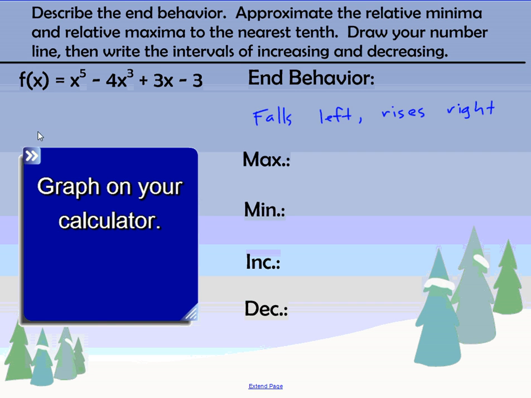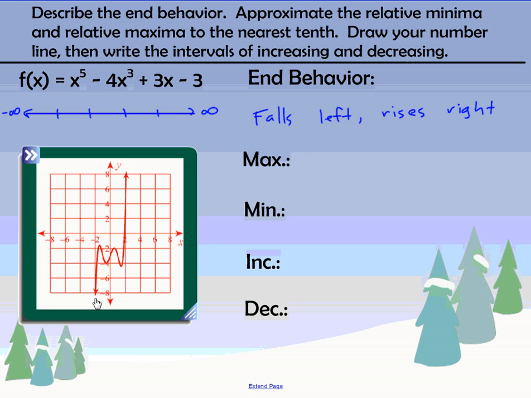Then you put in your number line. So this was negative infinity and positive infinity. We need 5 sections, so that's 4 tick marks. We go ahead and graph it. It does fall to the left, rise to the right.